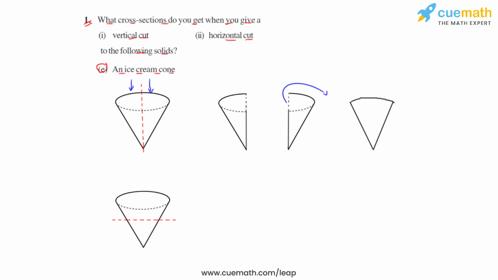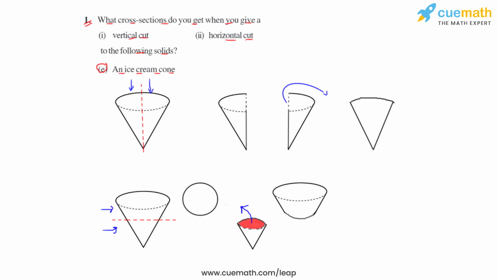Next, if we take this particular solid again and cut it horizontally, as we can see in this diagram, we'll get two parts like this, and the cross section, this part as we can see here, would represent a circle.